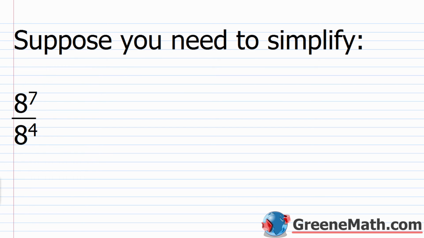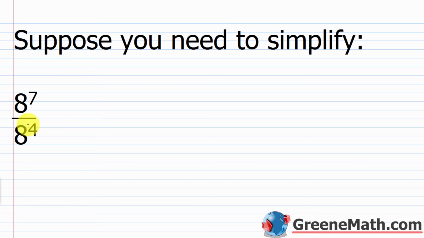Okay, so now let's talk about the last rule that we're going to learn, and it's known as the quotient rule for exponents. So I want you to suppose that you need to simplify something like 8 to the 7th power over 8 to the 4th power.